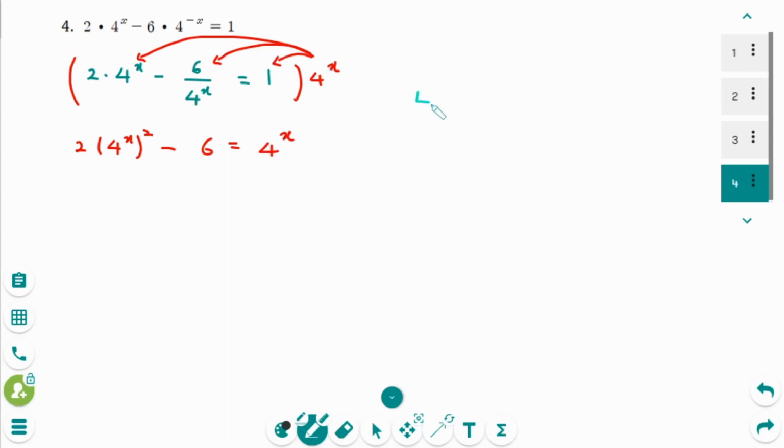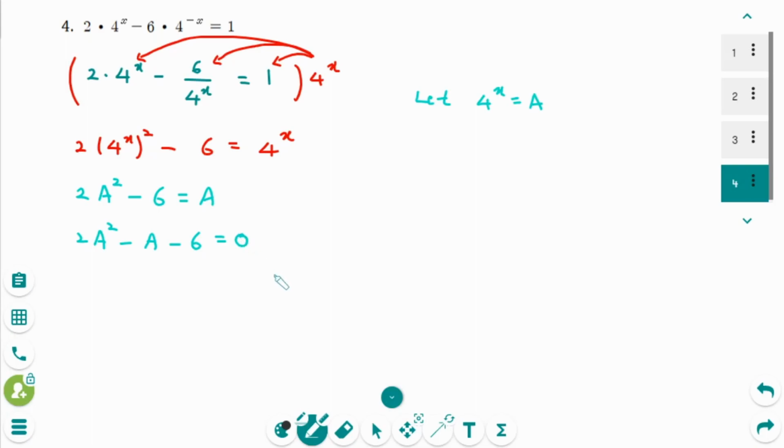Use substitution. Let 4 to the power of x be a. Then 2a squared minus 6 equals a. 2a squared minus a minus 6 equals 0.